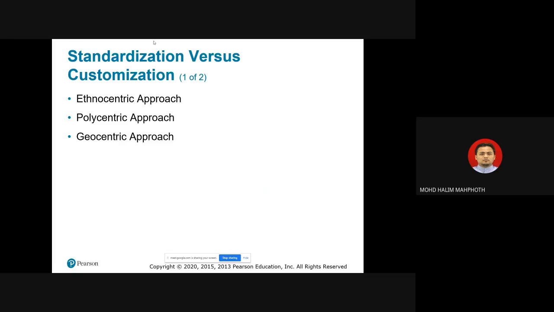So this is what we have under the packaging.